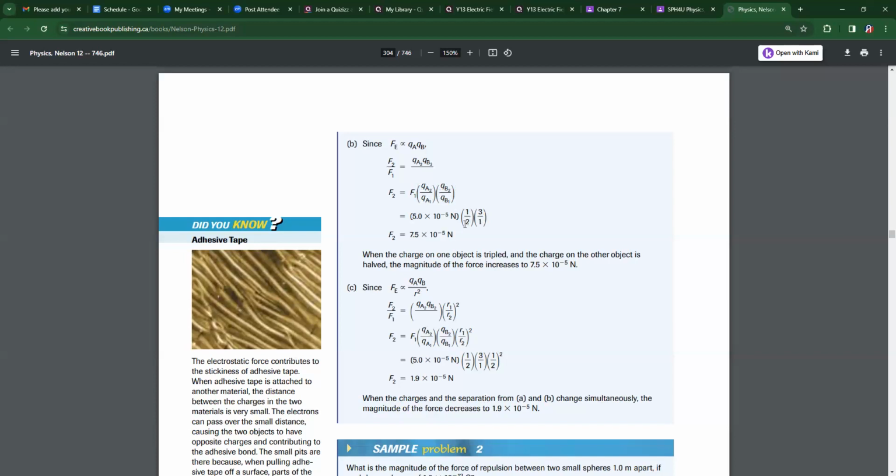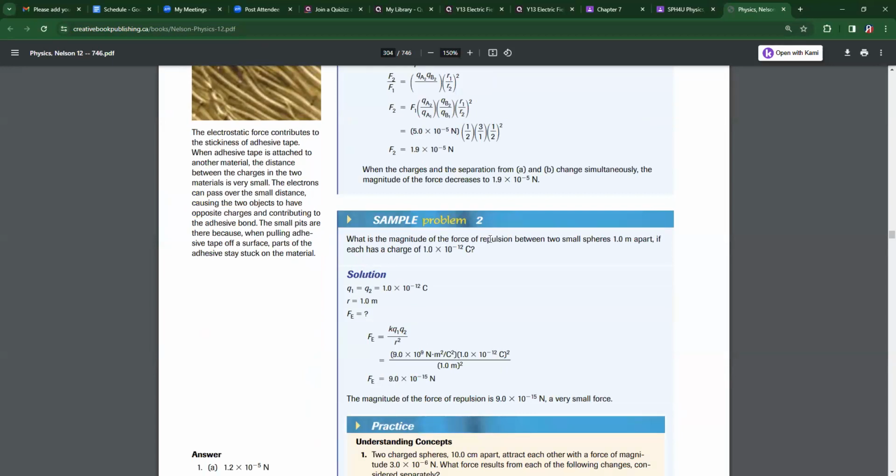So you put coefficient 1/2, so twice smaller, and 3 over 1, 3 times bigger. So the force will not be 5 anymore, it will be 7.5 multiplied by 10 to the power negative 5. So basically the force will be bigger 1.5 times. So 3 over 2, 1/2. So 5 times 1/2, 7.5. Basically, whenever you have questions about a change of distance or change of charge, you need to work with coefficients.